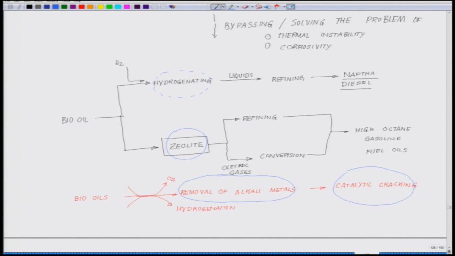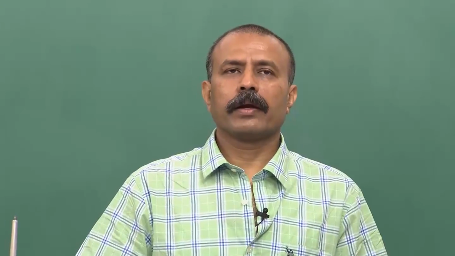So, now coming back to where we started. If you remember, when we talked about the characteristics of the biomass, we went into in-depth detail about different kinds of ratios, and then in the end we talked about the ash percentage and alkali metals.